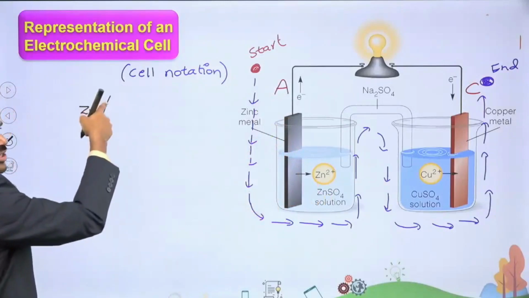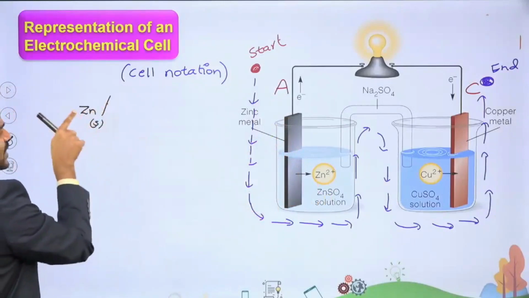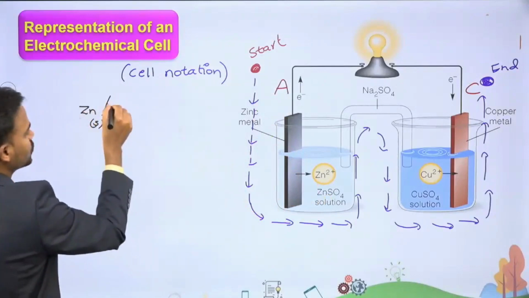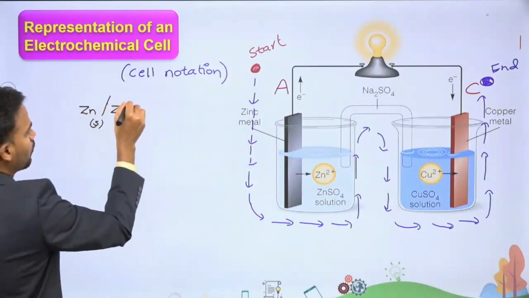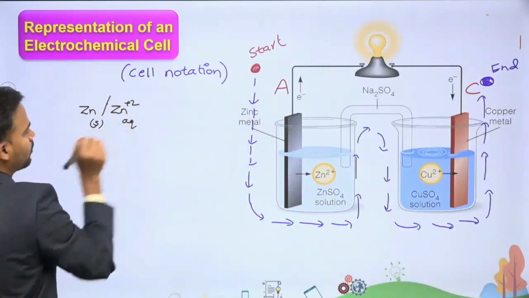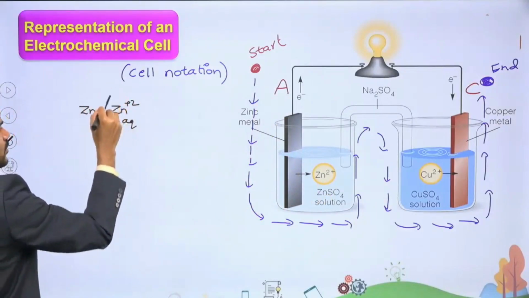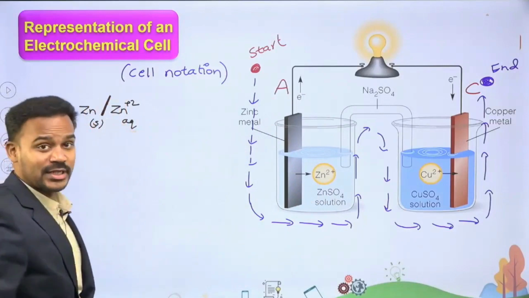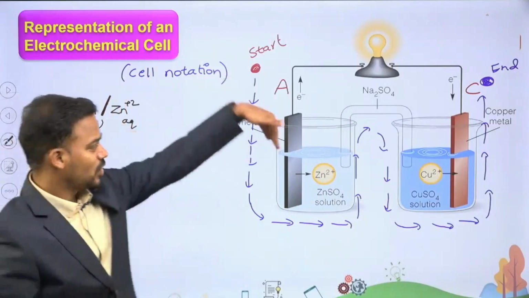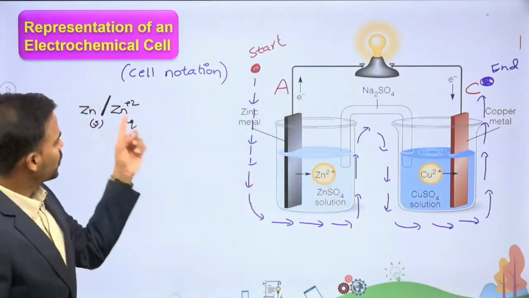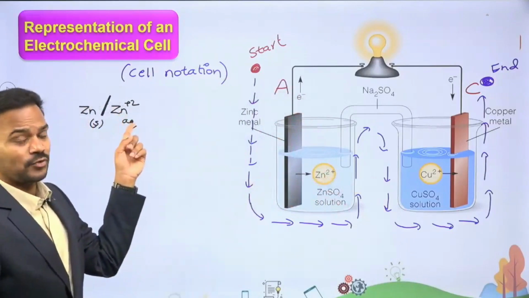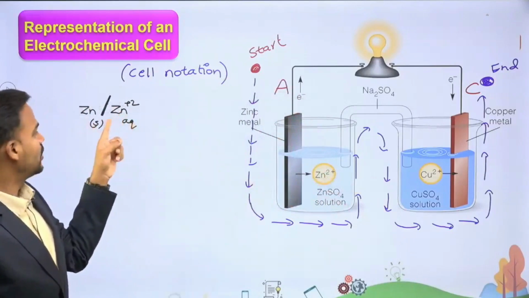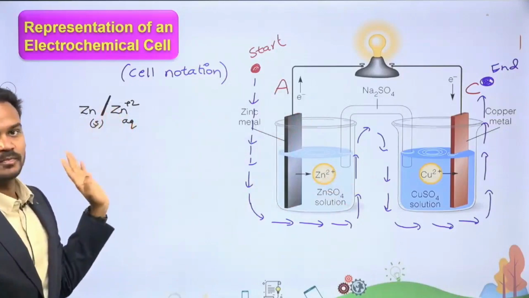So this slash represents the change in phase, solid to liquid. I hope it is clear. Zinc electrode dipped in zinc sulfate solution. You can even write ZnSO4, same thing.